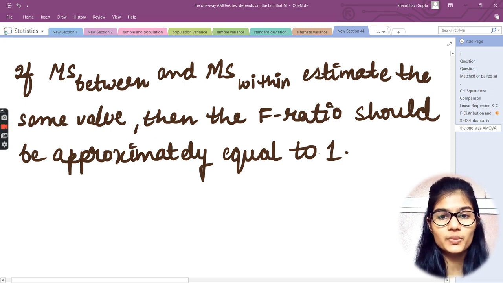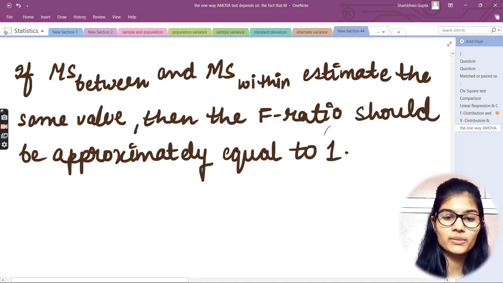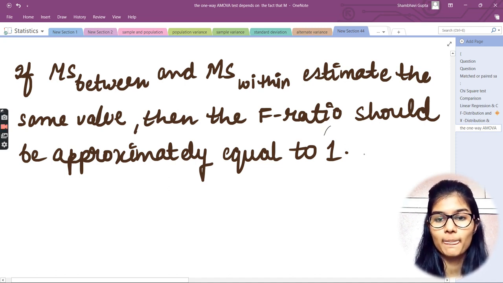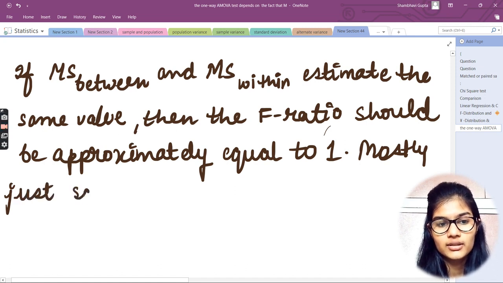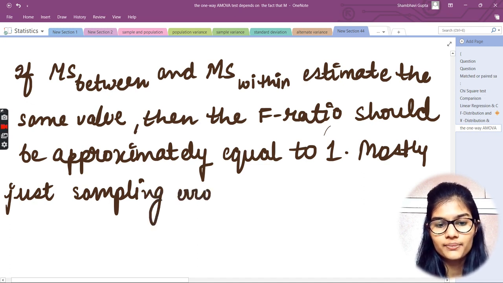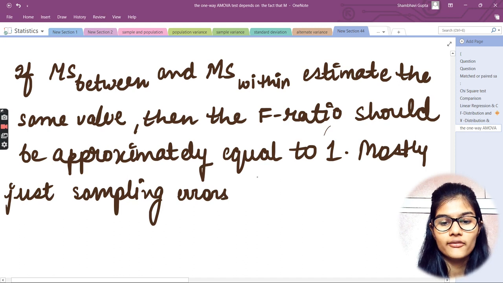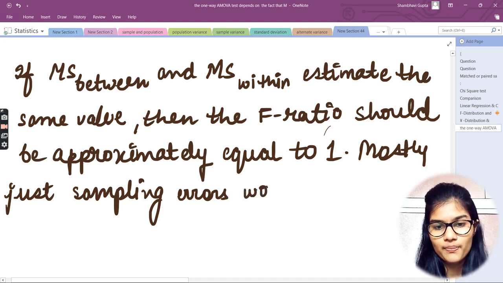So whenever MS between and MS within estimate the same value, the F ratio should be approximately equal to 1. Now, mostly just sampling errors would contribute.